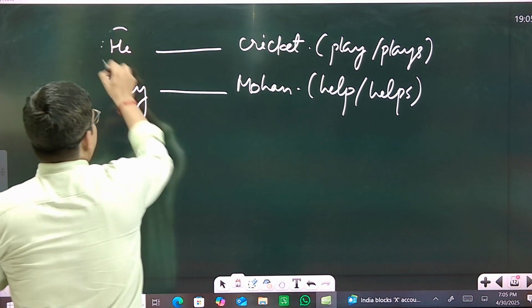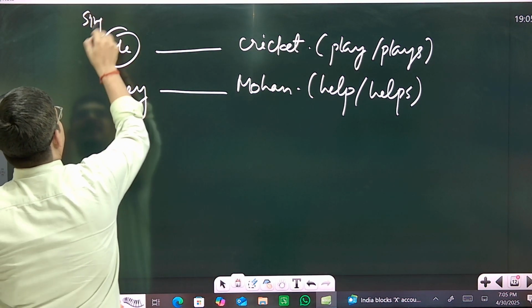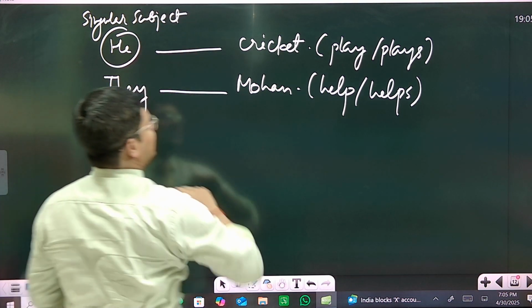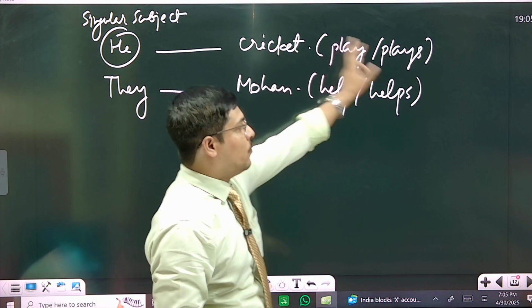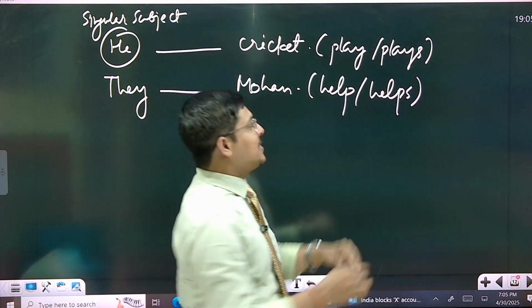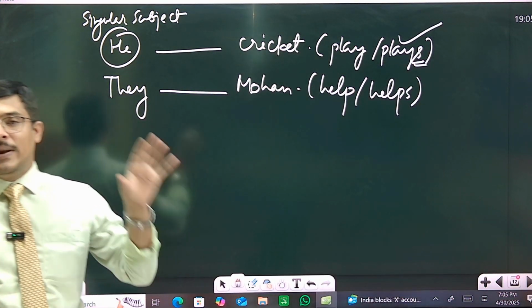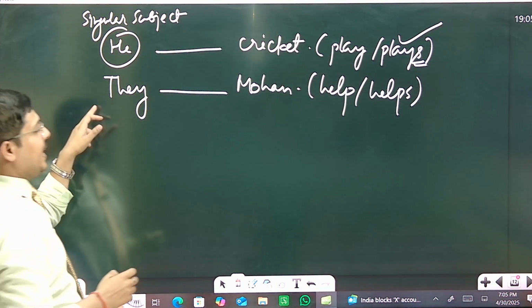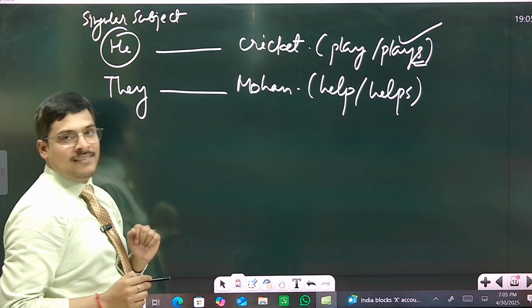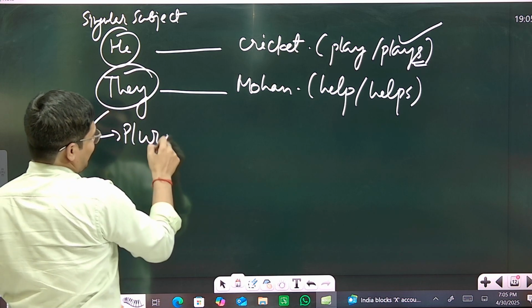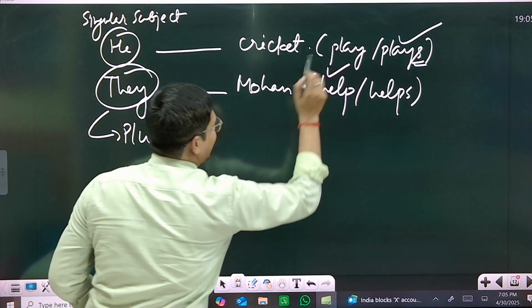As you can see, he, a singular subject, will take a singular verb. And a verb that ends on s or es is always singular. So what should be the right answer? He plays cricket. They help or helps Mohan? Naturally, they, a plural subject. So the answer will be help Mohan.